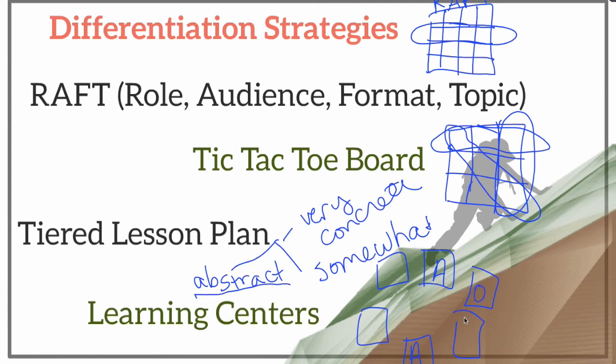And then you may have 4 optional stations where, in total, they need to do the 2 required and 2 other optional stations. Maybe they're a type of case study so that they see application of that skill. So this would be another way to do your centers. Instead of every kid going to every station, they go to those 2 anchor stations and then pick from the other 4 which 2 they do. So this is another one where you can add in that student choice to differentiate.